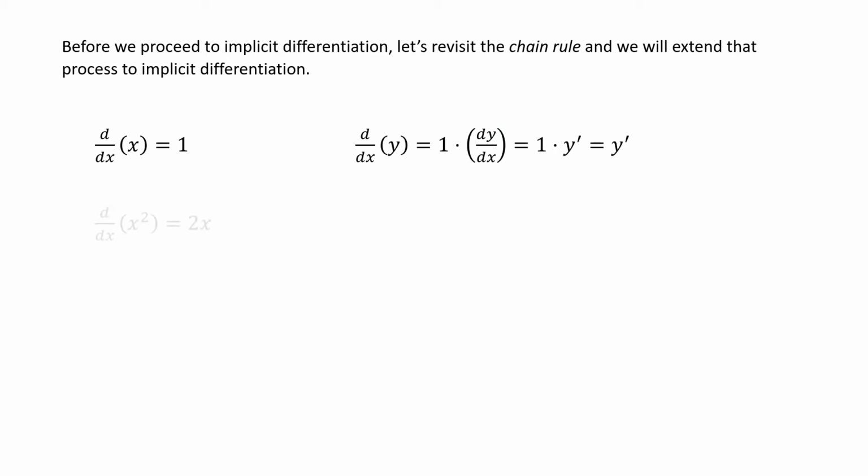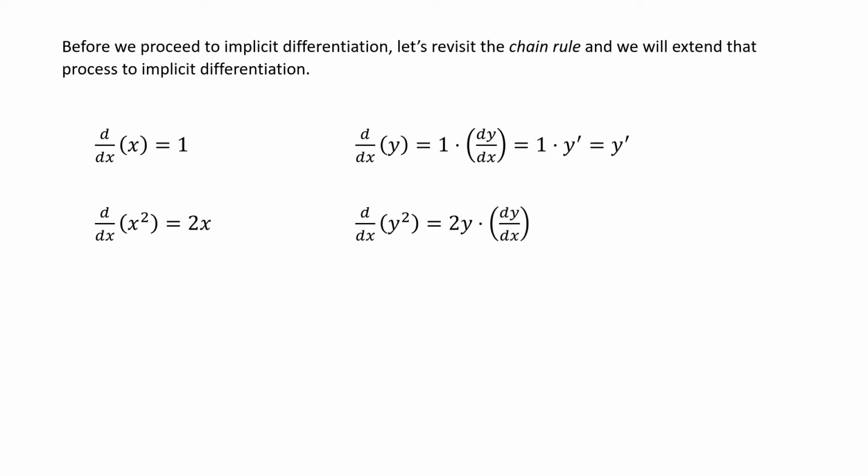Now let's look at d dx of x squared. That derivative is 2x. Let's try it with the y squared. d dx of y squared is equal to, the derivative of y squared is 2y, but then you need to multiply it to the derivative of the inside function, and that derivative of y is dy dx.